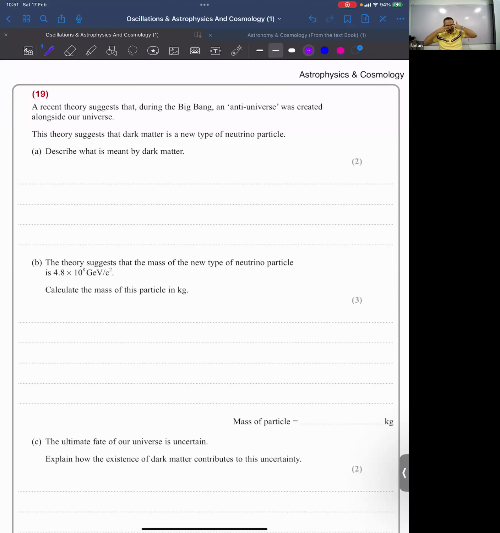It is a matter which doesn't emit light and completely absorbs light.